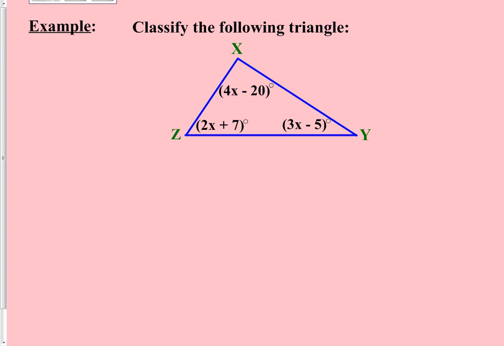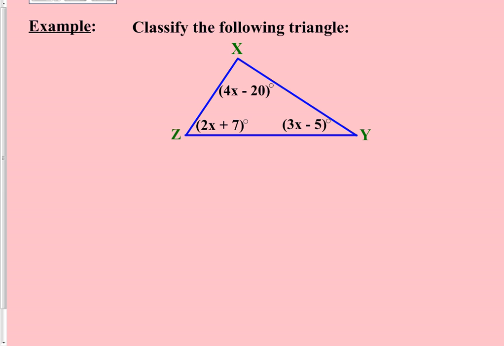Okay, the final chore for the day will be for you to work out this example while this information is fresh in your head. So classify the following triangle. We have triangle XYZ. Obviously, information about the angles is provided for us.